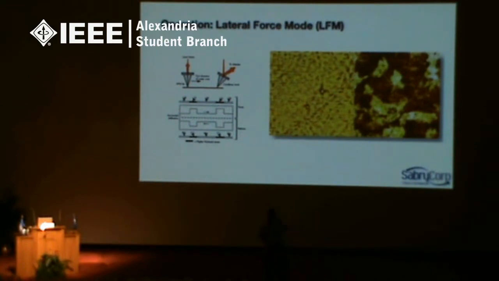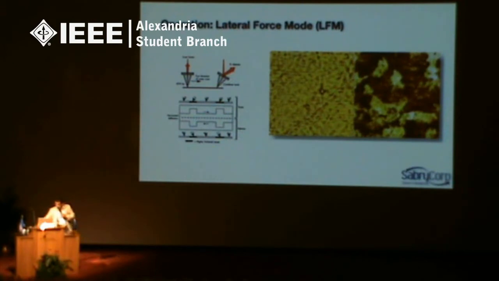Now, if you look at the same surface using a different technique, on the right, we're actually measuring friction of the surface. This is an alloy, and you're looking at the different grains of different material on the surface. So although the surface is very flat, on the right-hand side you can see different friction areas, and this allows you to actually manipulate the alloys.